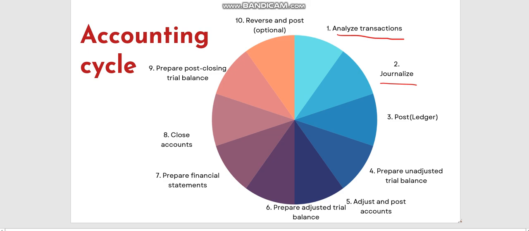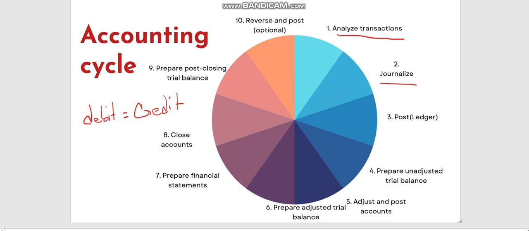An unadjusted trial balance is within that specific accounting period, maybe 1 month, 6 months, or 1 year. Do all of the transactions, debit and credit, have debit equal to credit or not?